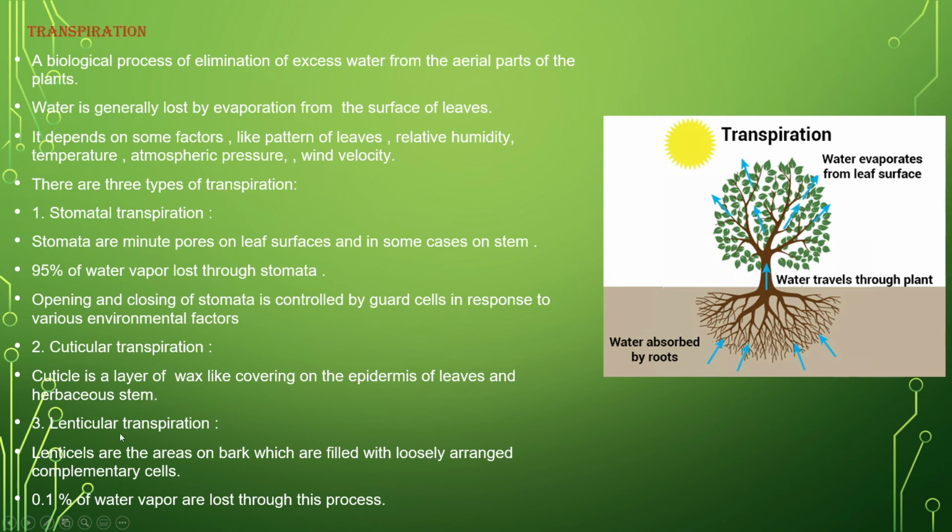And lenticular transpiration means lenticels are the areas on barks which are filled with loosely arranged complementary cells, and a very small amount of water, almost 0.1%, is lost as water vapor through this process.